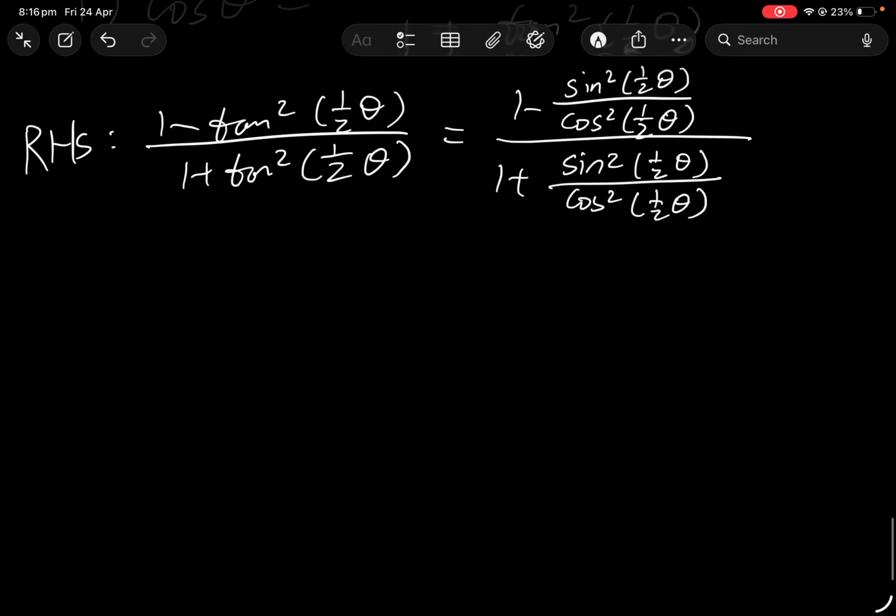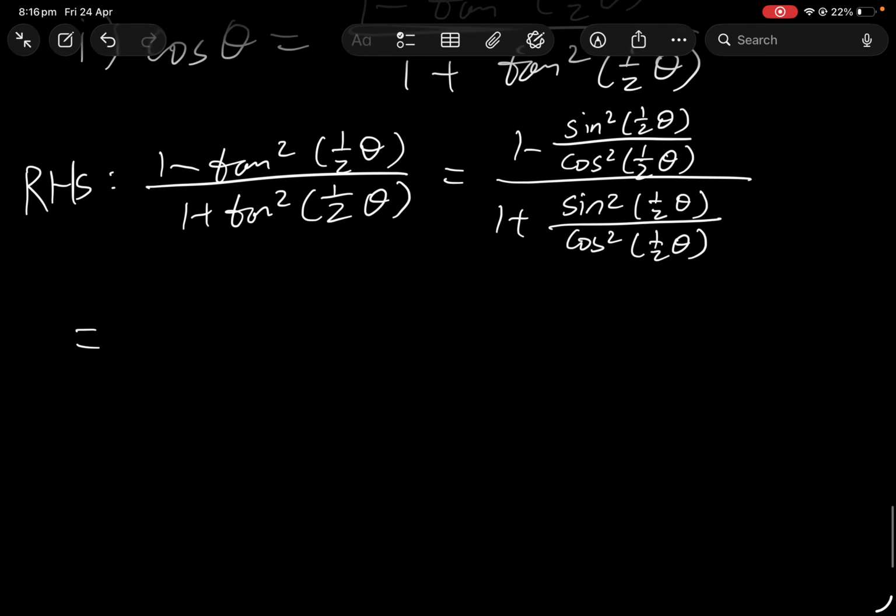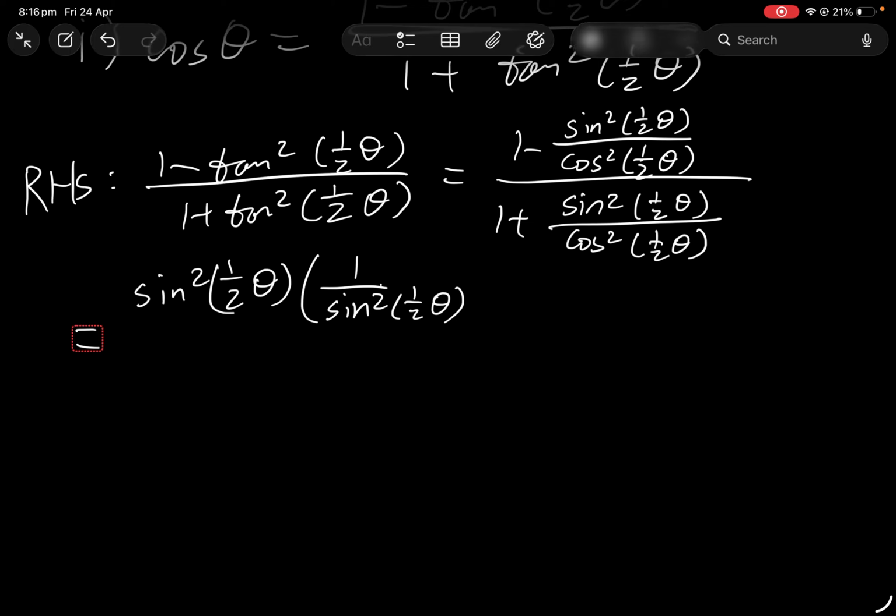So we'll try to get rid of the ones by taking things out. We'll take out sine squared half theta for each of them, and that will just get 1 over sine squared half theta, because when we times sine squared into it, it becomes 1. So this becomes 1 over cos squared half theta.